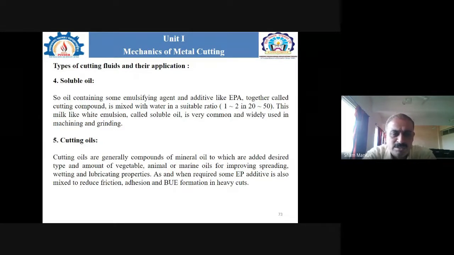Then the fifth one is the cutting oil, normally compounds of mineral oil, to which different kinds of vegetable and other oils are added so as to improve the wetting, lubricating and spreading properties.